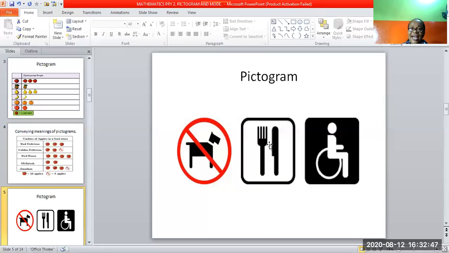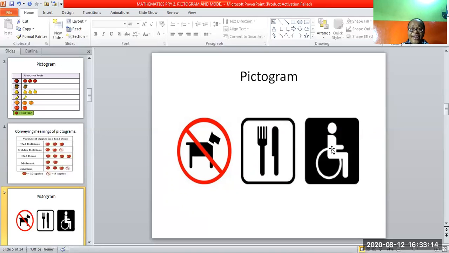When we see this sign, we say that there's a dining section in the store. In case you're hungry and you need lunch, there is a dining section in Super Saver's store. Do you understand?